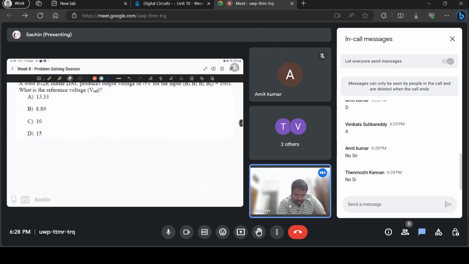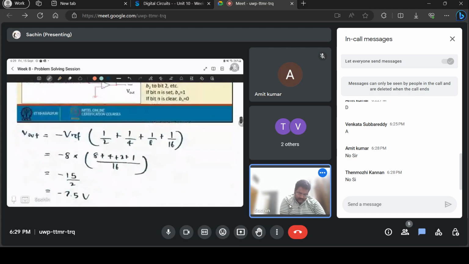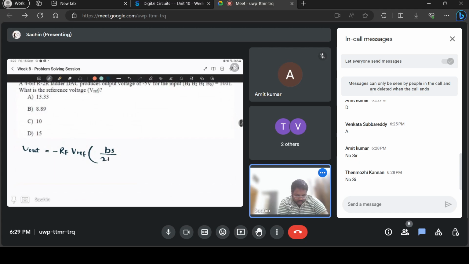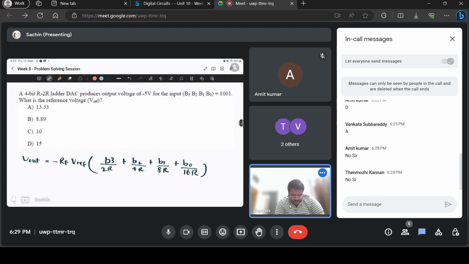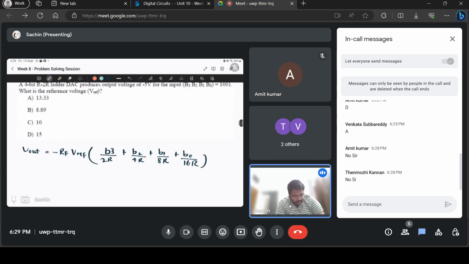So you can write it as V out equals minus RF times Vref, taking the Vref common, times B3 over 2R plus B2 over 4R plus B1 over 8R plus B0 over 16R. And since it's a normal R2R ladder, RF will be equal to R.